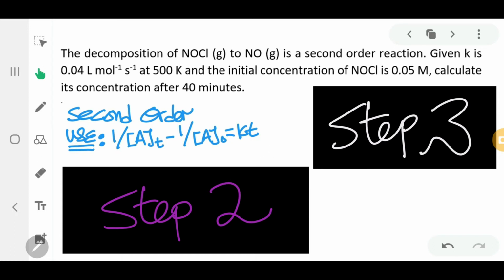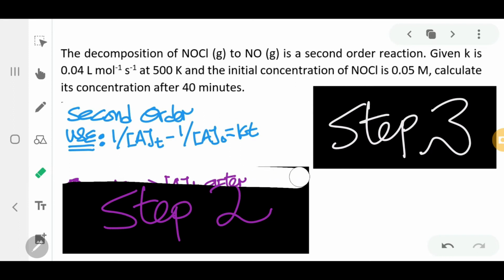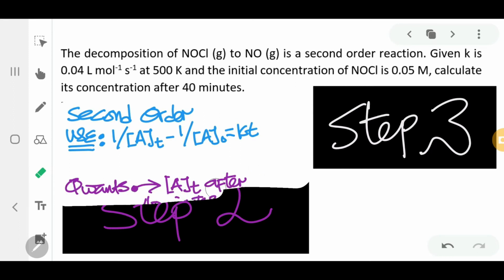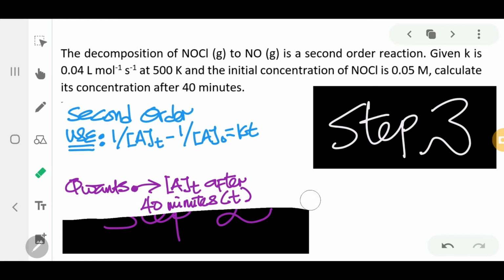And step 2, we need to think about what the question wants. The question wants to find the concentration at a given time, after 40 minutes. So the question wants you to find the concentration after 40 minutes.